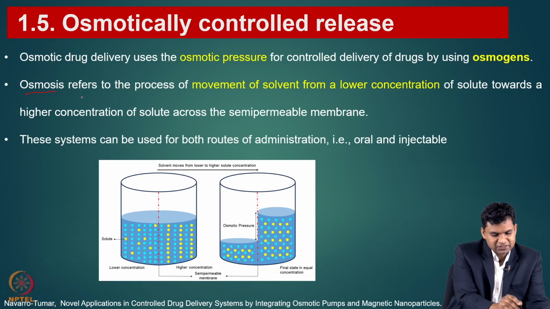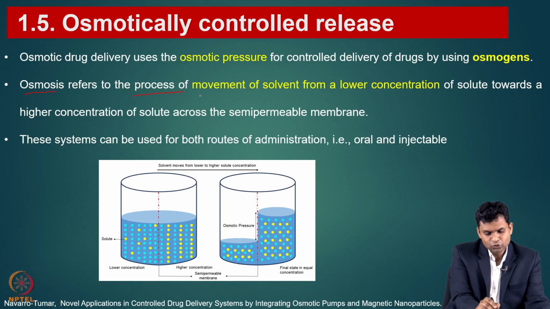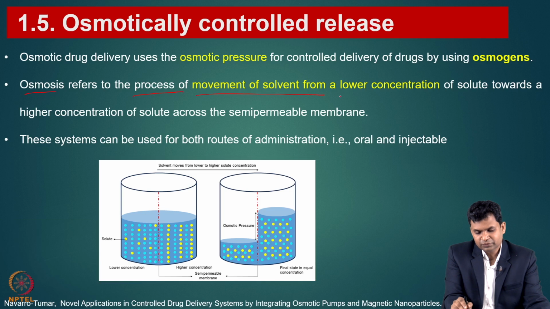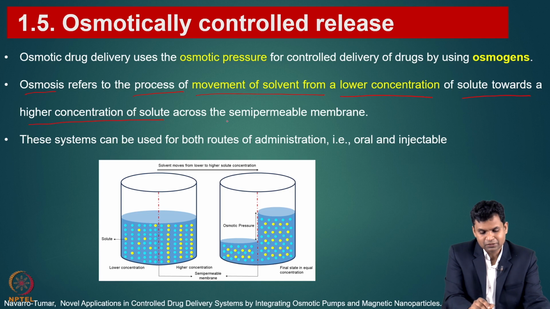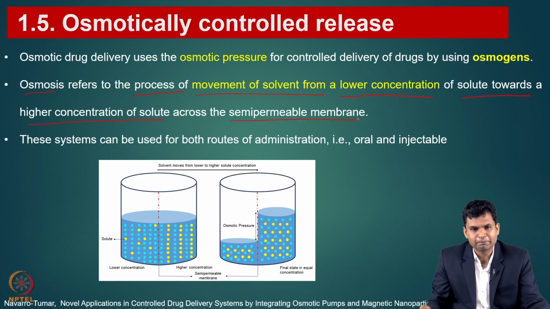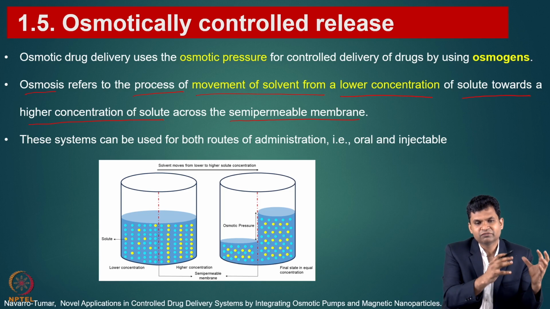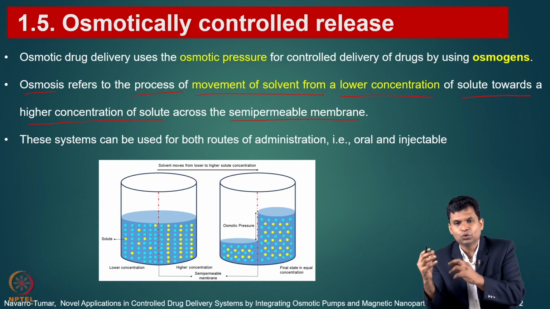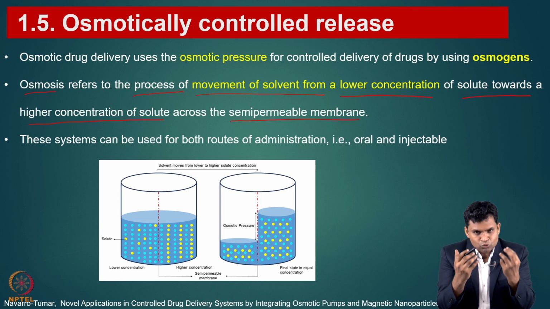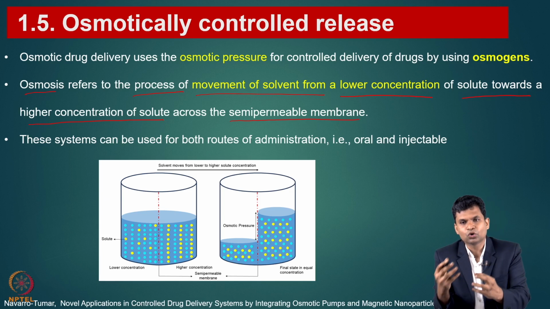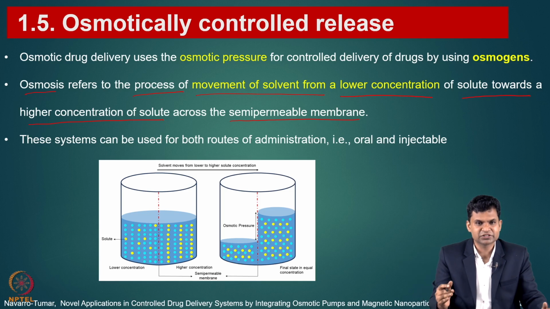Osmosis refers to the process of movement of solvent from the lower concentration of solute towards the high concentration of solute across a semi-permeable membrane, whereas diffusion is the movement from high concentration to lower concentration, whereas here it is the movement of solvent from the low concentration to the high concentration through the semi-permeable membrane.